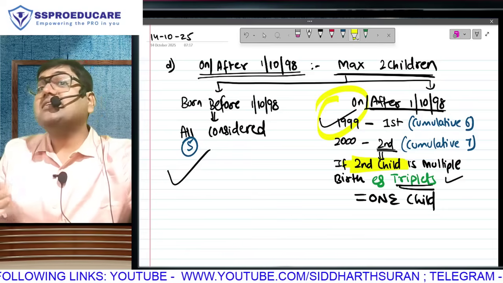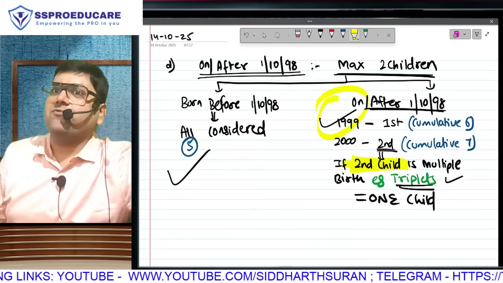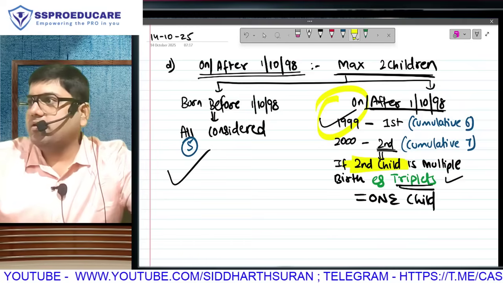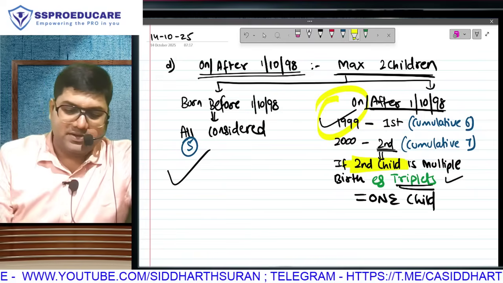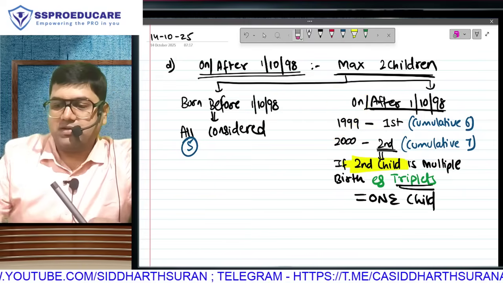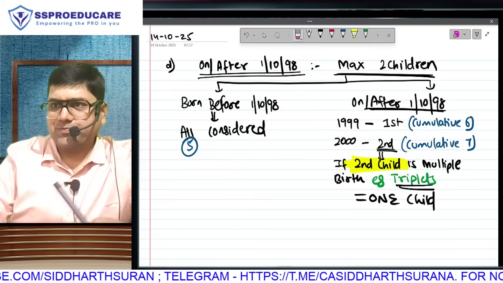Okay, but first child after amendment is a one child, single child, and then the second birth में if you have multiple children, so we will include all of them categories. Clear है? Only if the second child is a multiple birth. So effectively, any child born before the amendment will always be considered without any restriction.